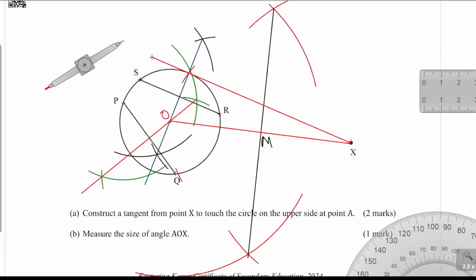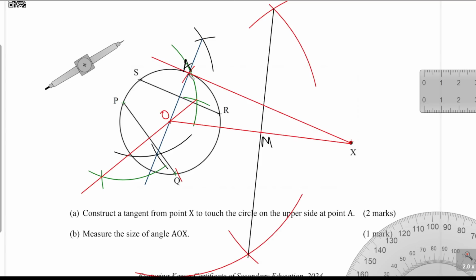That is point A. Then you have O there. We have X there. So we've done that. We have constructed a tangent from point X to touch the circle on the upper side at point A.